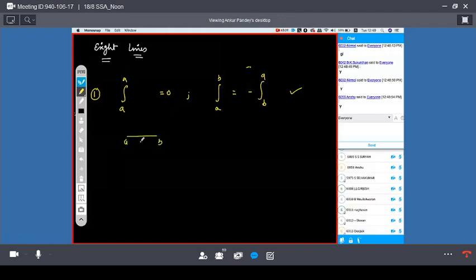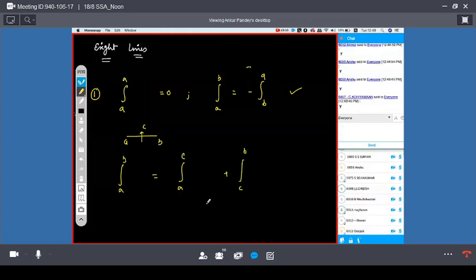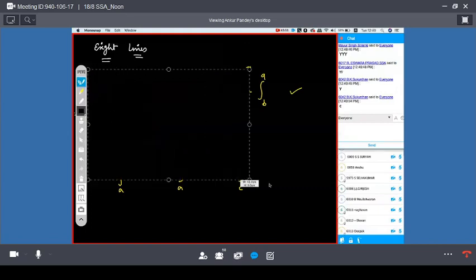If you are going from A to B and in between C comes, then integration of A to B can also be written as integration of A to C plus integration of C to B. Yes or no? Clear? Till here, basic operations.